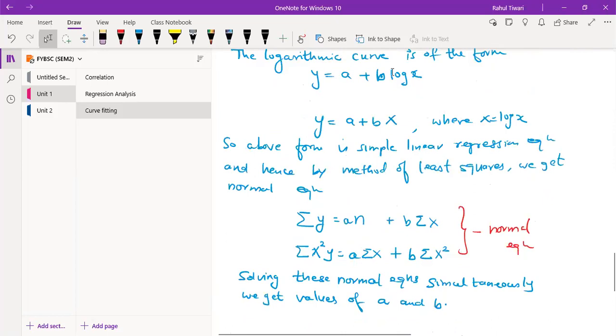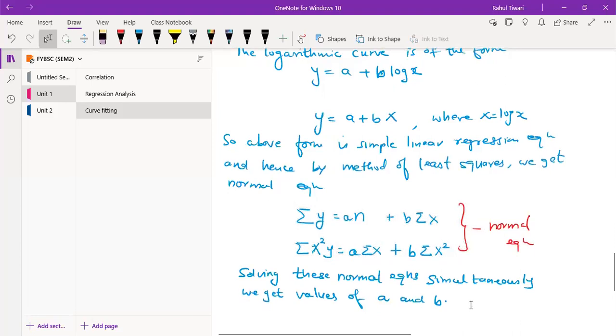Okay, but here if you look, log X is transformed to X, and then we applied our SLR method and we got this normal equation. So this is the technique which you need to understand thoroughly.